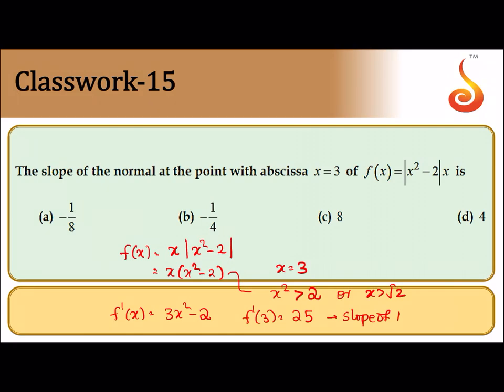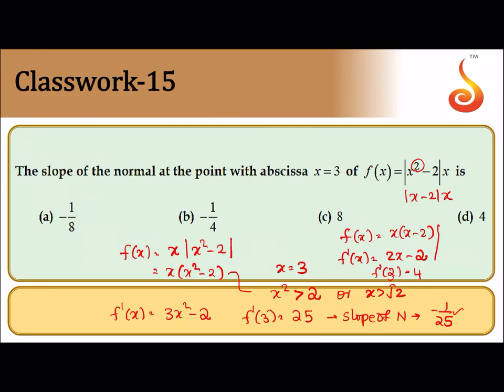Sorry, it is x square minus 2, into x square minus 2, at x equal to 3, f dash 3. So f dash 3 equals 0. The slope of normal will be minus 1 by 25. But there is a printing error. Instead of it, you take mod x minus 2 into x.